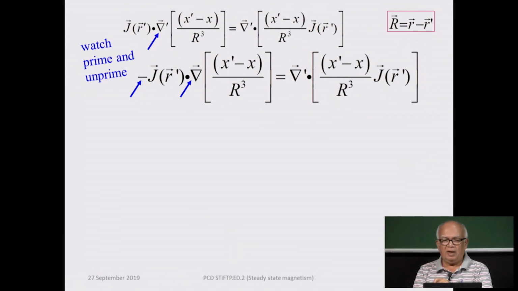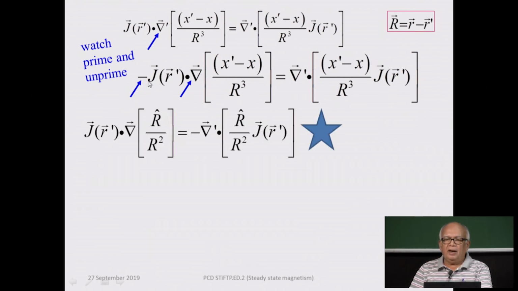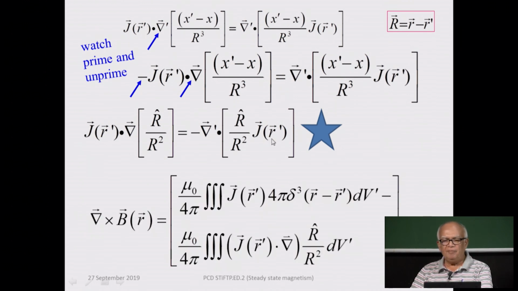So if I replace this operator del prime by del, the unprimed gradient operator, then I have a minus sign here. Everything else remains the same. So, this is the result that we have. I have only moved the minus sign from the left hand side to the right hand side, and I mark it by this asterisk, which is a result I will use very shortly.